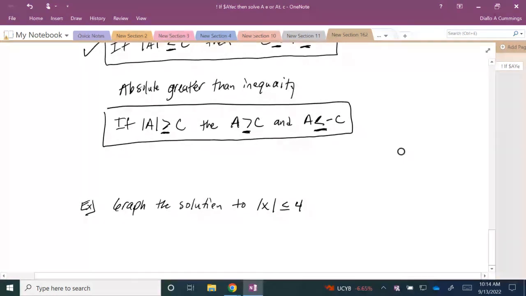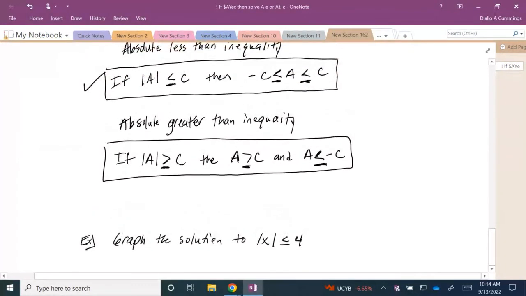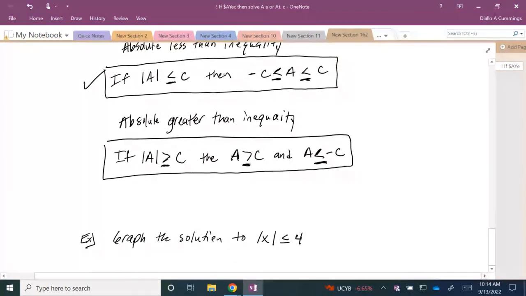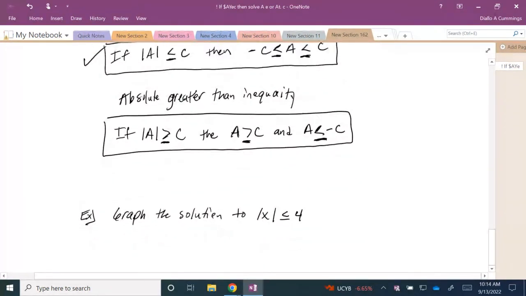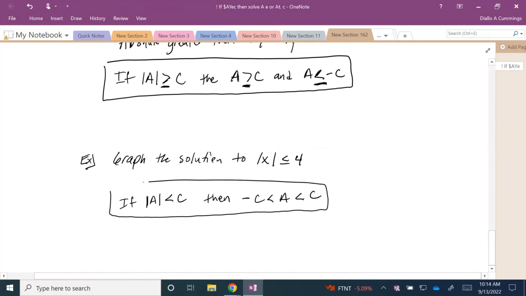So what the formula says is, and I actually just want to write this out: if the absolute value of A is less than C, then negative C is less than A is less than positive C. And I'm just going to jot that above my formula.